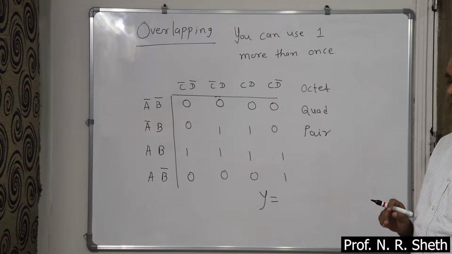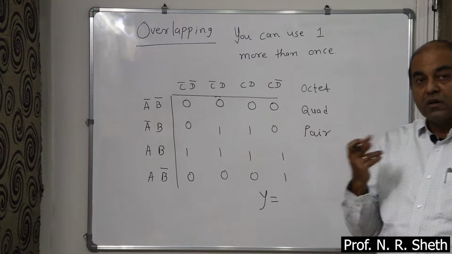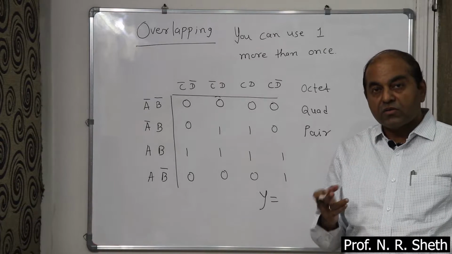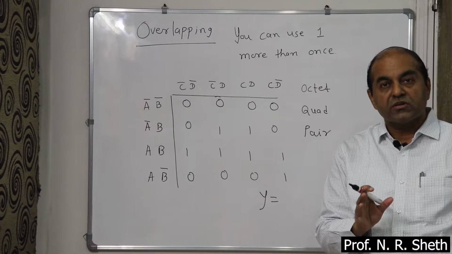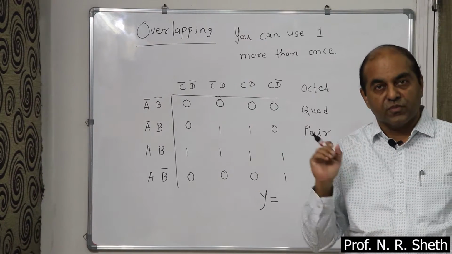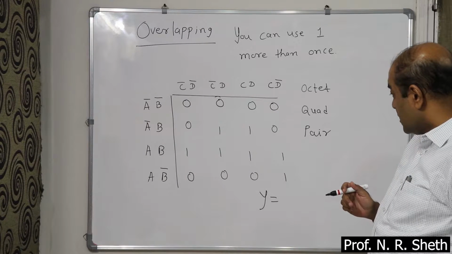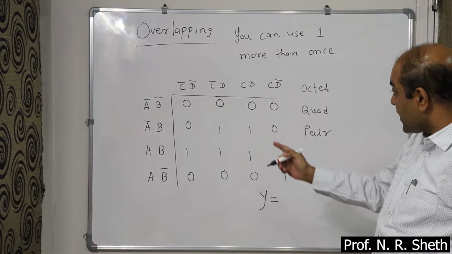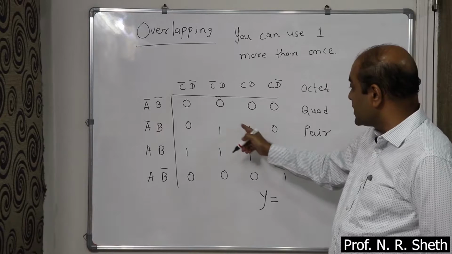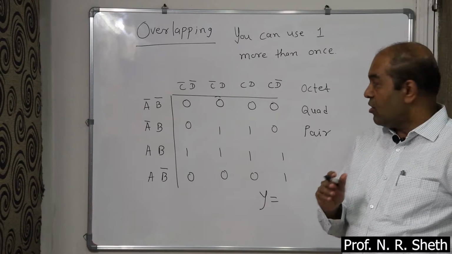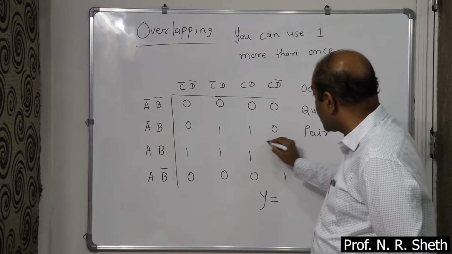suppose you are given a truth table in this manner. So you are allowed to use 1 more than once, 2 times, 3 times, but your goal is to prepare the largest group. So look here. Combination of 8 is not possible, because there are 1 2 3 4 5 6 7 ones. So combination of 8 is not possible. Combination of 4, yes.